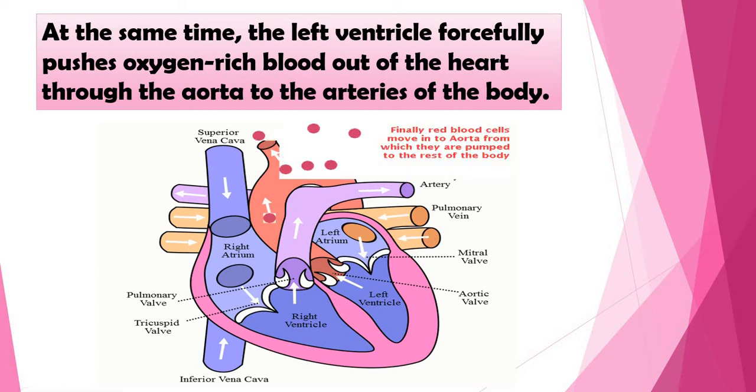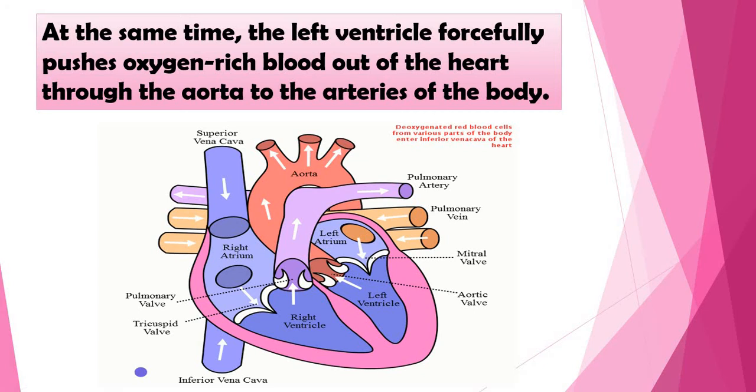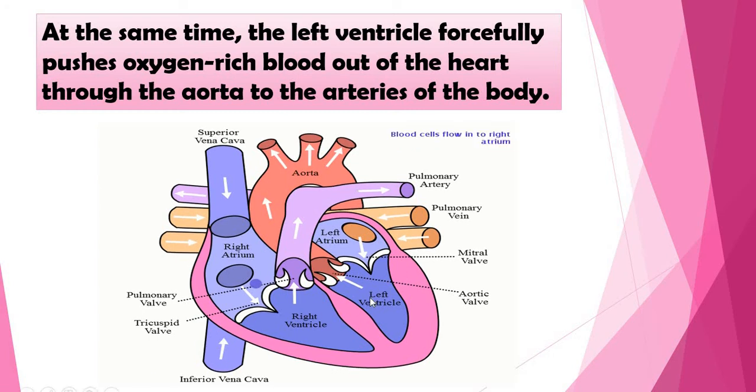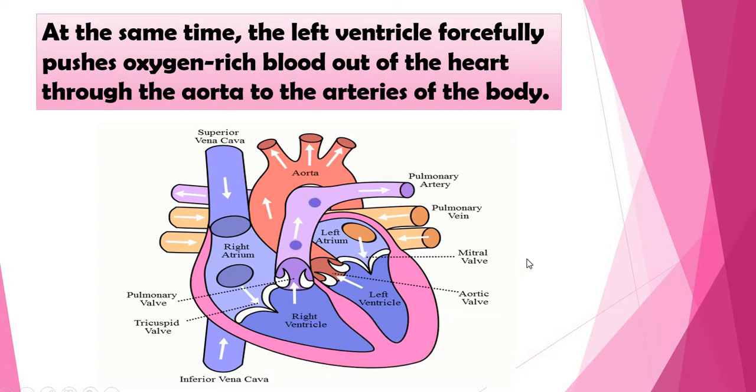While on the other side, the left atrium receives oxygen-rich blood from the pulmonary veins. Then it contracts to push this blood into the left ventricle, and then it is pumped through the aorta, through other arteries, to all body parts.